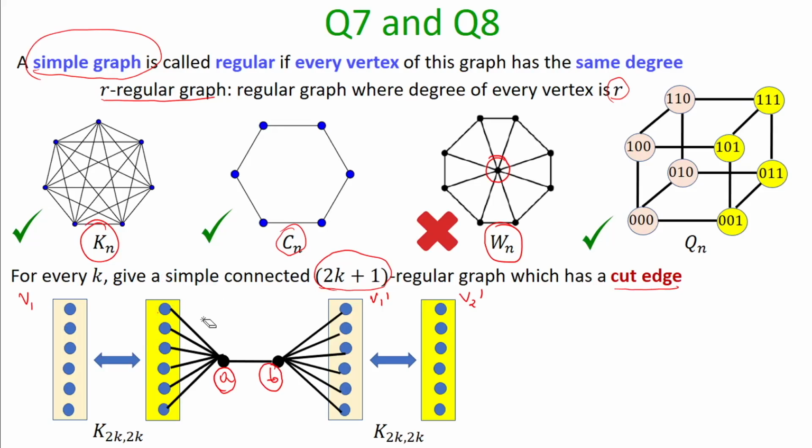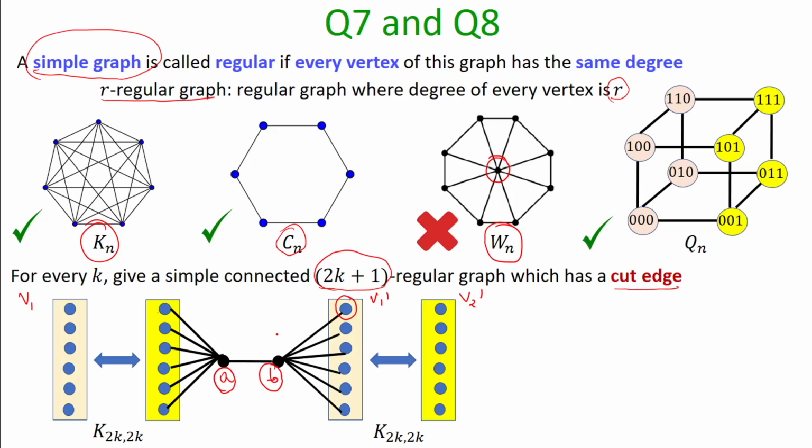Due to the same argument, each node in V1 prime also has degree 2k plus 1, because you take any node in V1 prime, it has an edge with every node in V2 prime. Through that it gets degree 2k, and the same node also has an edge with the node B, so it gets one more degree. So total degree 2k plus 1.